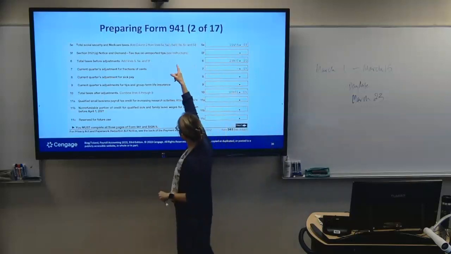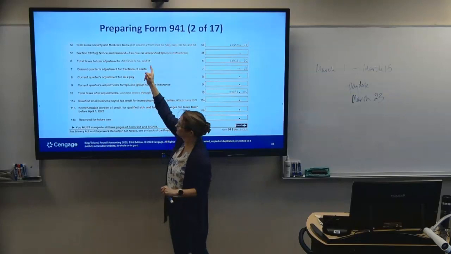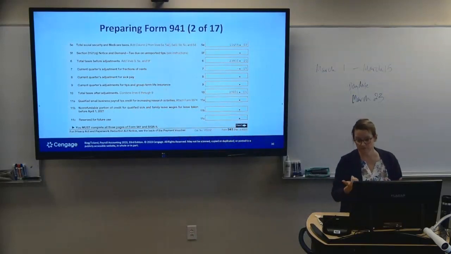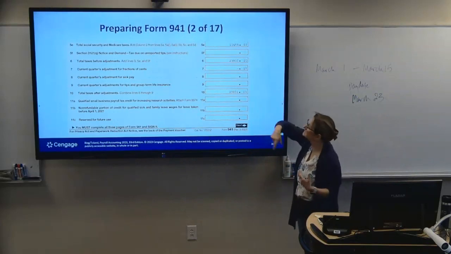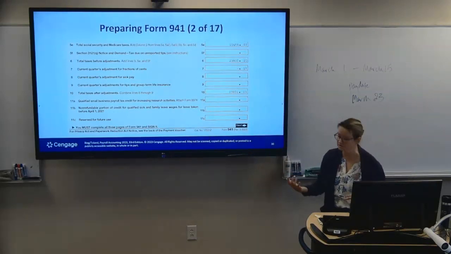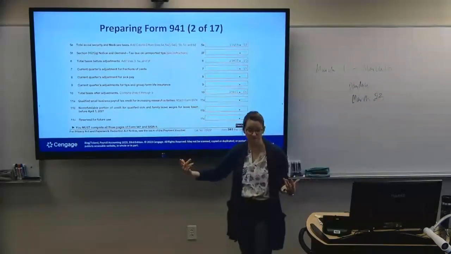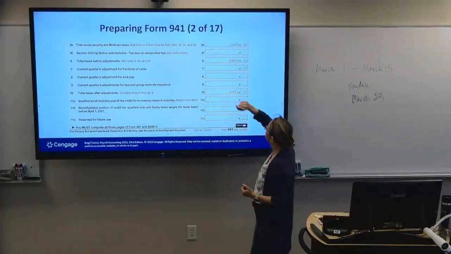But it's right here on line 6. Add lines 3, 5E, and 5F. Line 3 was the amount of federal income taxes that were withheld. Line 5E was the amount of Social Security and Medicare taxes. Line 5F, we don't have anything in there, so that total is 0. So in this case, we're really just adding up 3 and 5E.